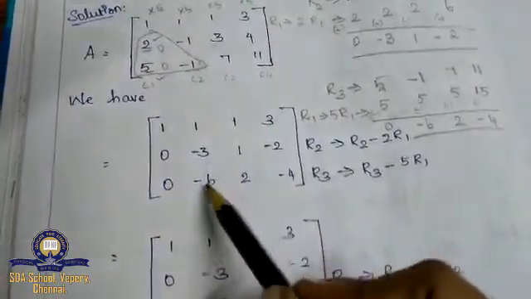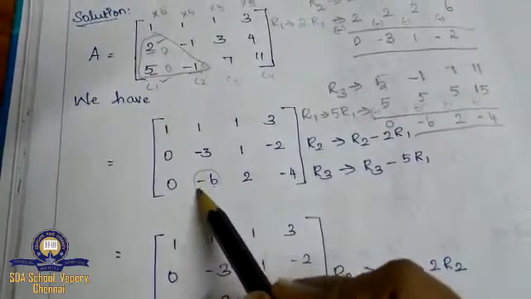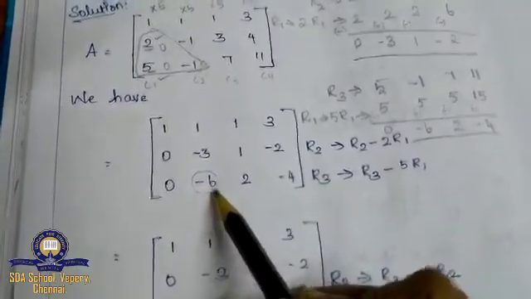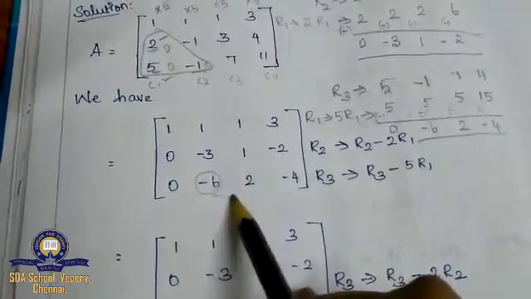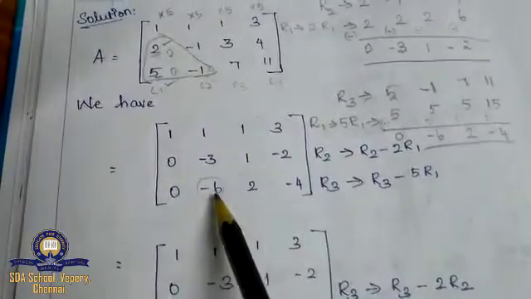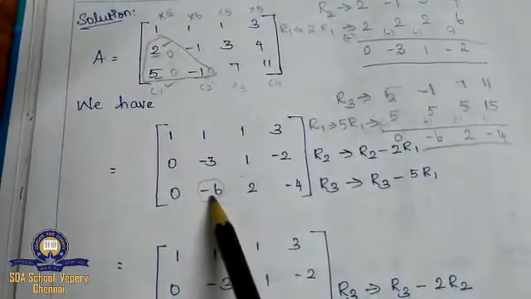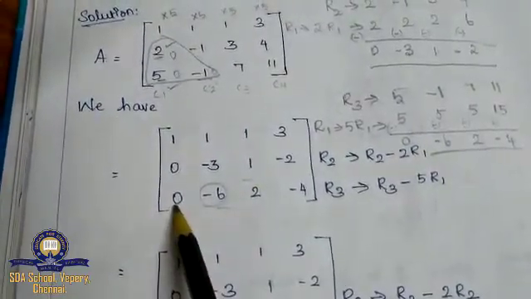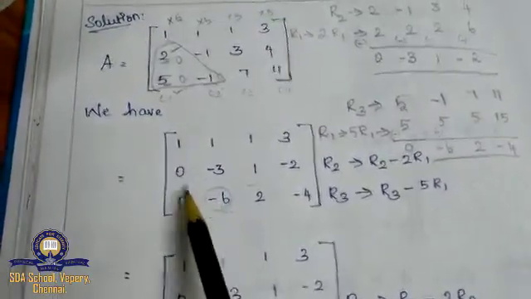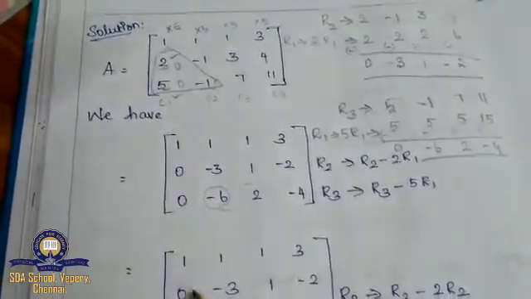Now I need this term to be 0. If I want to make this 0, I have to subtract this row with this row only, not with R1, because here it is the second element. If it is 0 here and 0 here, 0 minus 0 automatically gives 0.